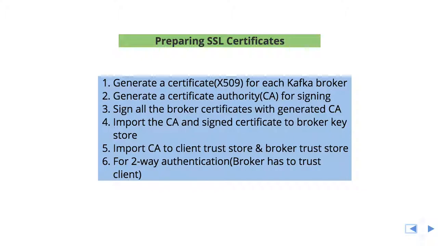But the trust store is different: when any new connection comes to you, it takes their certificate and verifies it against your trust store, and based on that it decides whether to establish the connection or not. That is the reason we have to import the CA into the trust store.